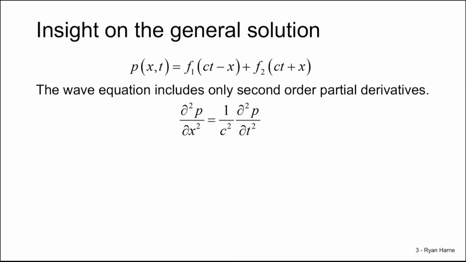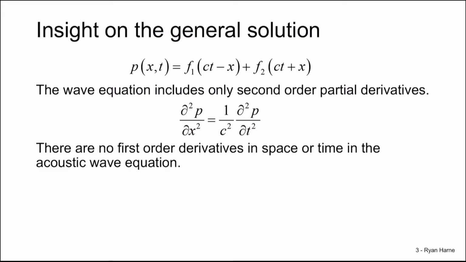So if we look at the wave equation, it only includes second-order partial derivatives. Specifically, there are no first-order derivatives in space or time in the acoustic wave equation. So in time, a first-order derivative would vary in amplitude like so, and the same thing would happen if we had a first-order derivative in space. It's exponential.